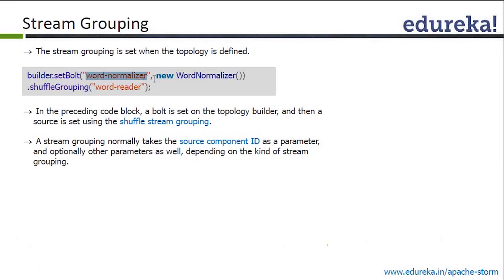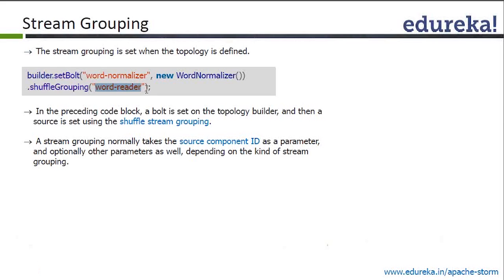Now, it gets the data from its source via the shuffle grouping scheme, and the source name is word reader. Word reader would have been defined somewhere else. Do not worry about that, because I'm going to cover it in the spout and bolt part.